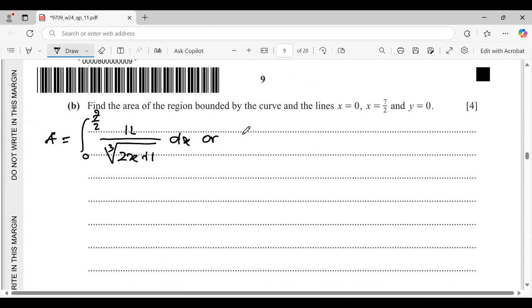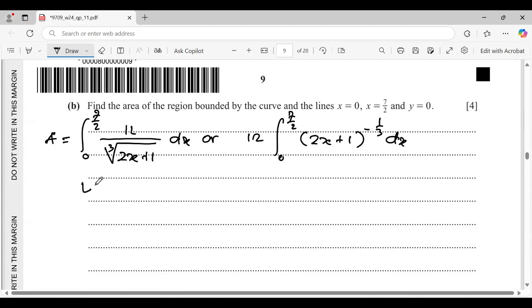Or I would like to write this as 12 times the integral from 0 to 7 half of (2x plus 1) power minus 1 third dx.